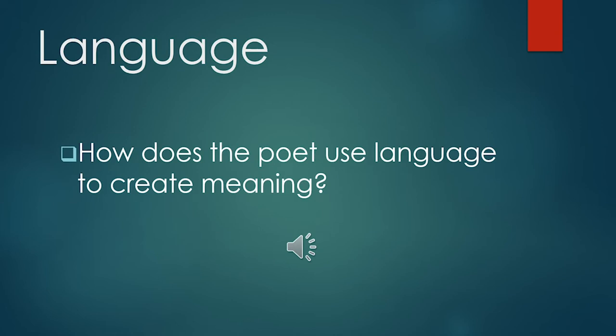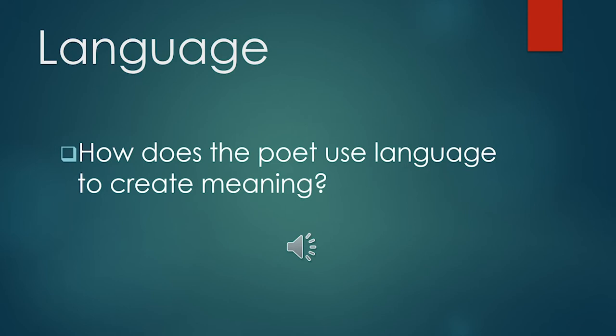Right, the next thing I want to talk about, and this is slide number 3, is the language of a poem. So as you can see from the slide, language can basically be summarized as the words and how they are used, all the vocabulary in the poem. So how does a poet use language to create meaning? Remember, poetry does not happen by accident.